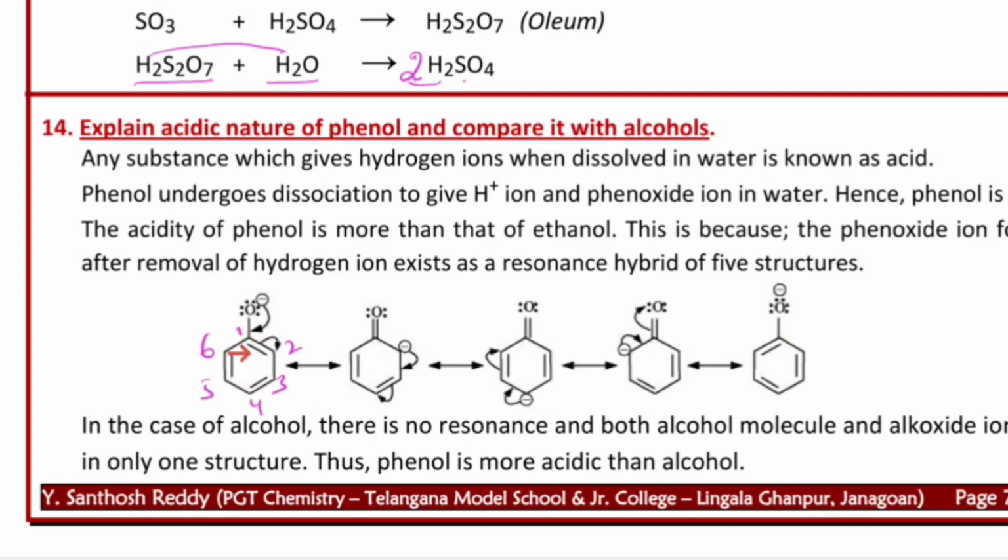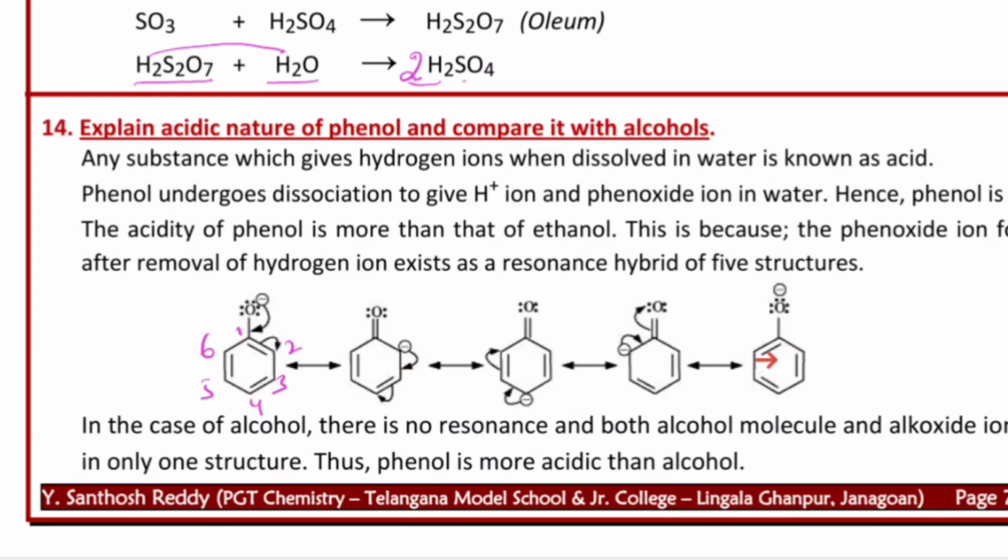Here, between first and second carbon atom there is a pi bond, between third and fourth there is a pi bond, between fifth and sixth there is a pi bond. But here the thing is different. Here the pi bonds are between second and third, fourth and fifth, sixth and first, right?